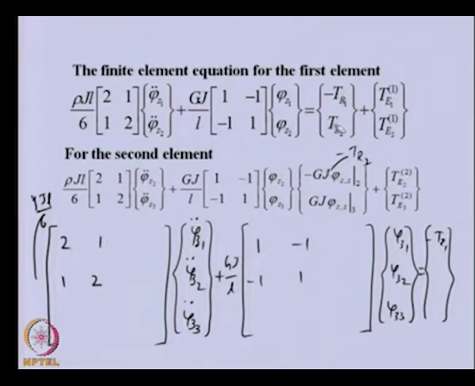Sorry, this will be TR2, because at present we have inserted only the first element. So you can see we have inserted the first element, and the remaining entries are 0 at present. If we expand this, we get the first equation.